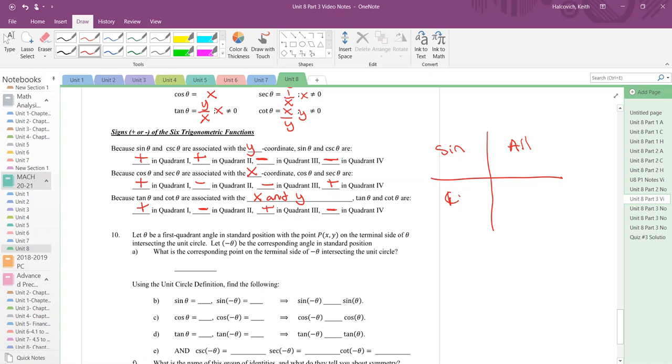Third quadrant is tangent. And fourth quadrant is cosine. So I like to say all students take calculus, and that helps me to remember which trig functions are positive in what quadrants. All of them in the first, sine in the second, tangent third, cosine fourth.